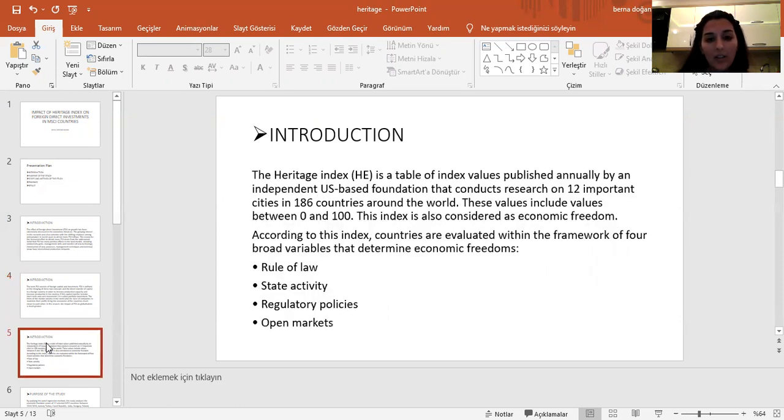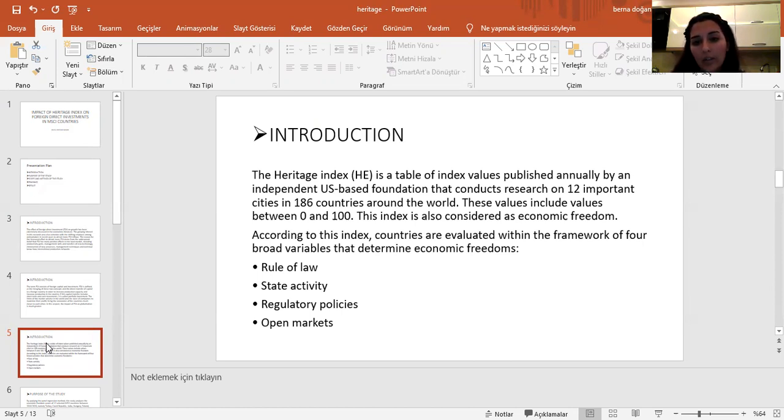The Heritage Index is an index published annually by an independent US-based foundation that conducts research on 12 important criteria in 186 countries around the world.